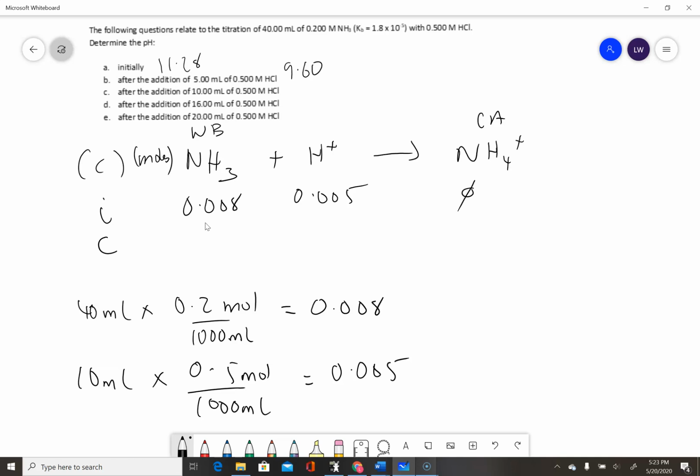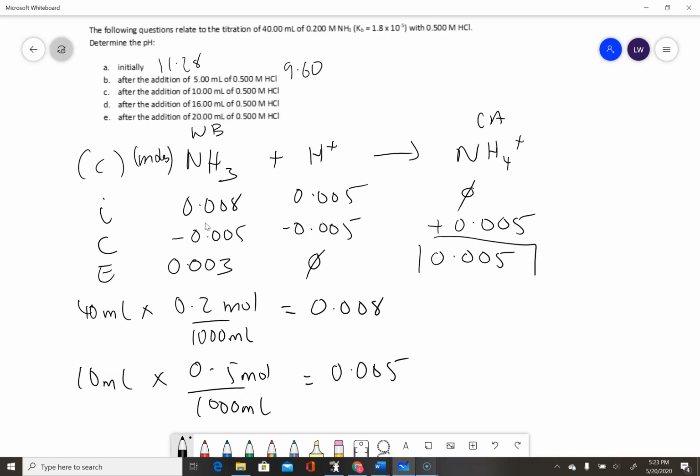So our acid will be our limiting reactant, so this is going to go down by 0.005, using up all of our limiting reactant. So at the end, I've got 0.003 moles of my ammonia, none of my strong acid, and my conjugate acid would have gone up by 0.005. So I'd have 0.005 of that at the end.